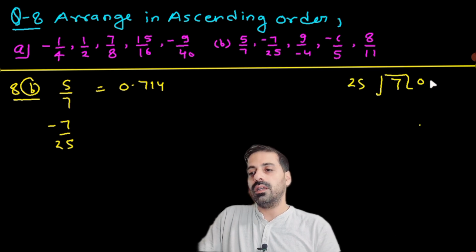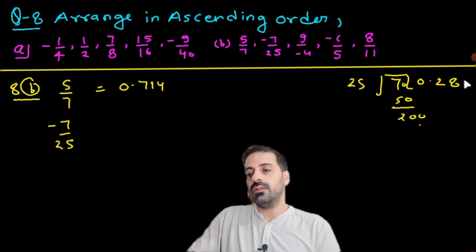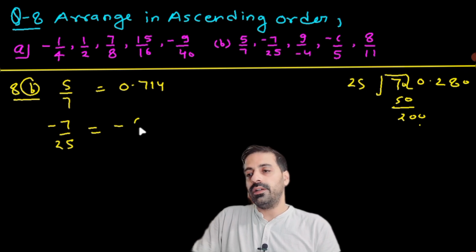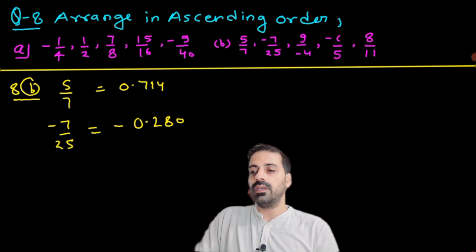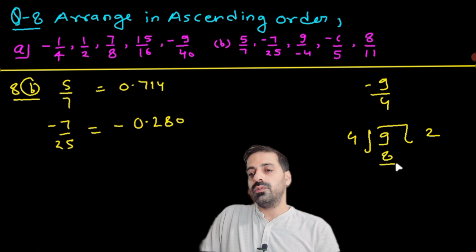So we have 0.714. Now negative 7 upon 25: 7 divided by 25, apply the decimal and 0. 2 times gives 50, 20 is remaining, then 8 times. So the value is negative 0.280.